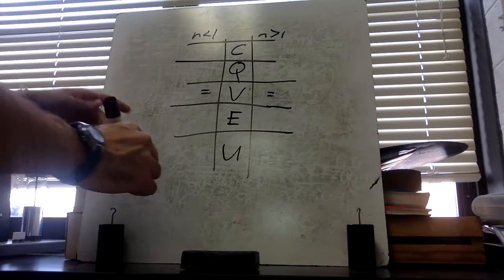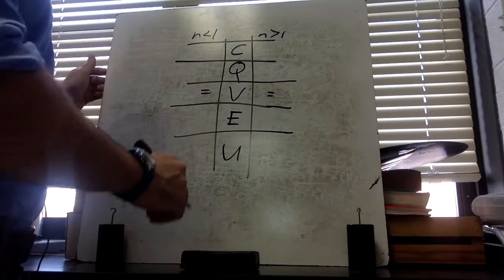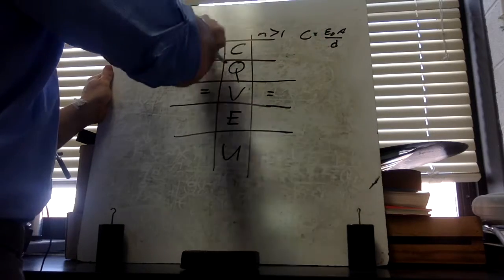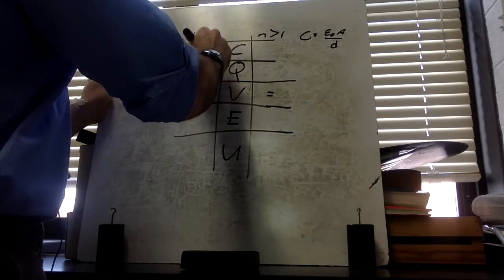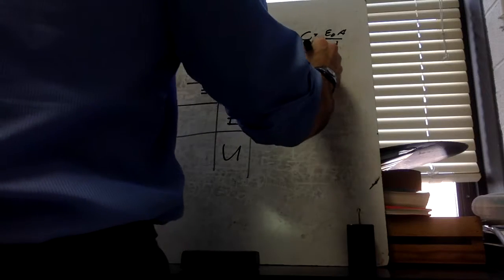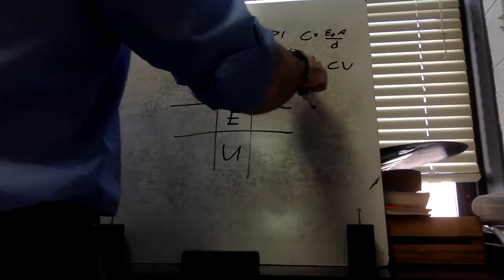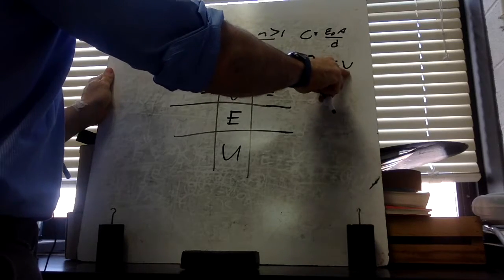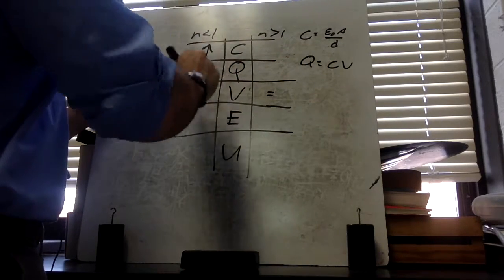C is epsilon naught A over D, so if D gets smaller, C will get bigger. Now Q equals CV, and if C goes up and V stays the same, Q is going to increase.